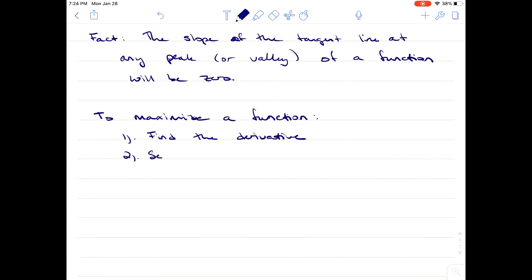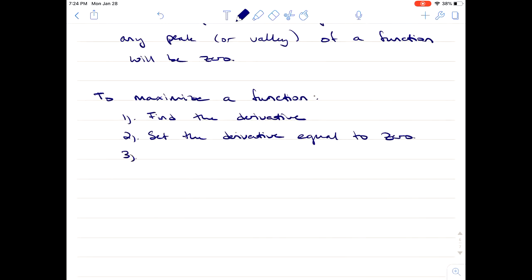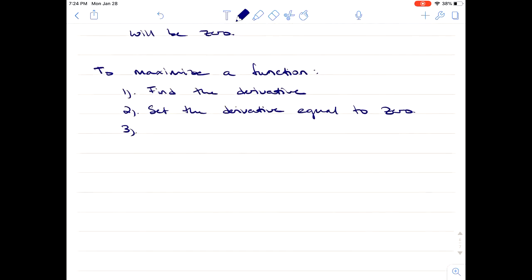Second step, set the derivative equal to 0. I guess I should write that out, not get so lazy. Equal to 0. And then your third step is find the value of x that makes the derivative 0.